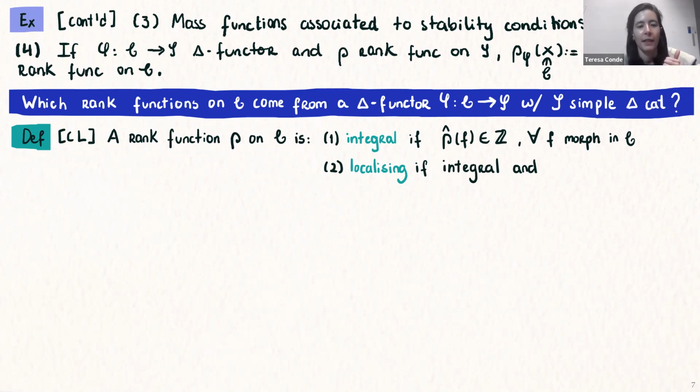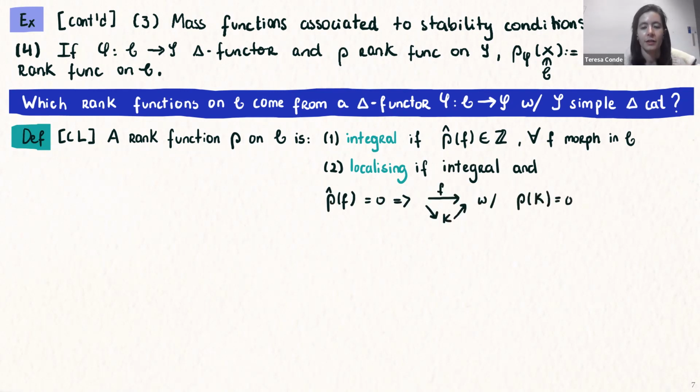Okay, so a rank function is integral if its version on morphisms only takes integral values. It is localizing if it is integral, and moreover, if whenever a morphism is such that its rank is 0, then the morphism should factor through some object whose rank is already 0.